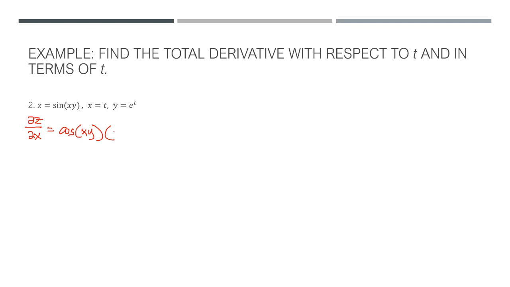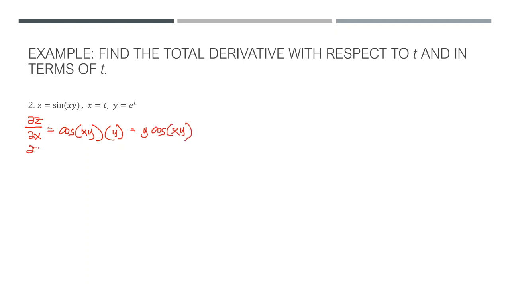So in terms of x, this is equivalent to taking x as the variable. So our answer is just equivalent to y. So our final answer is y cos xy.